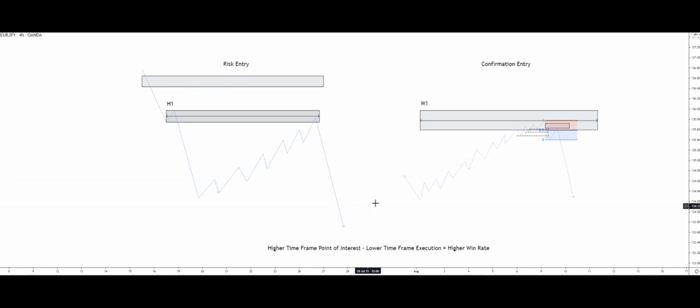Personally, I prefer confirmation entry. And it depends on how much time you have on the charts. If you have less time on the charts, then the risk entry is better for you. So if you work full time or part time, and on the days you have hobbies that you go to, and you're not going to have much time on the charts, you're better off taking risk entries in that case. So sell limit orders, buy limit orders.